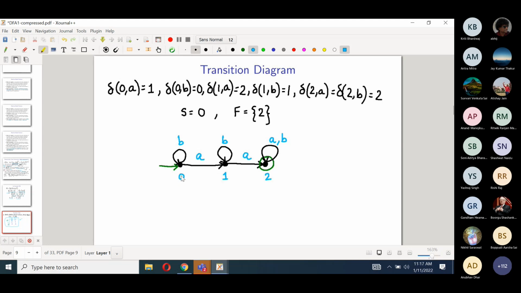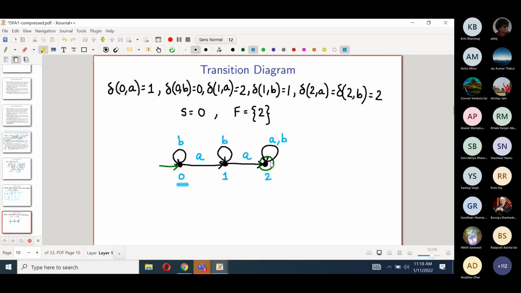So the nodes of this graph are named after the states, 0, 1, 2. And you indicate that 0 is the start state, the unique start state, by putting an arrow at this node. So for any input string, you should start from this particular state.